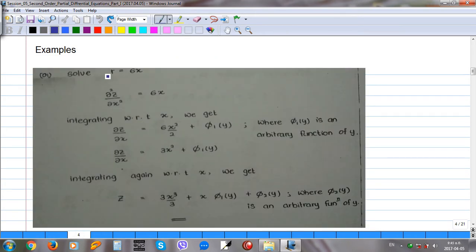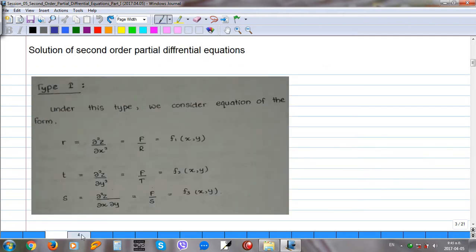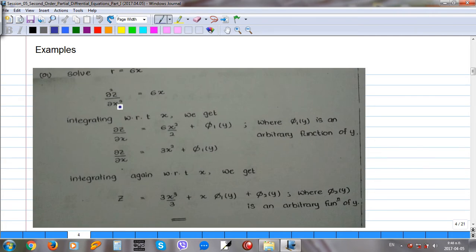This is example 1. Solve R equals 6x. I told you to remember what R is. R is ∂²z over ∂x², which equals 6x. So first you integrate with respect to x. It means we integrate ∂²z, and on the right 6 times x ∂x.